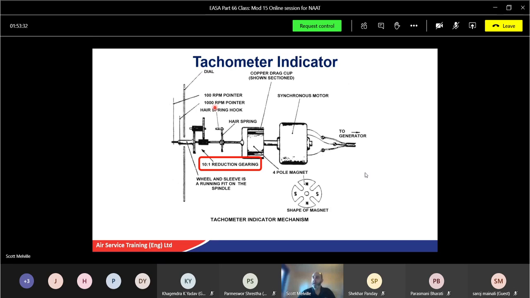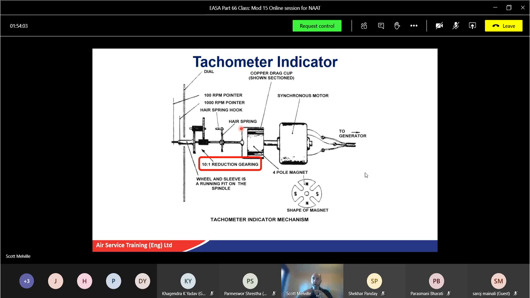Now the 4-pole magnet in there, you've got a drag cup. So basically, it's inducing a pulse, it's trying to drag this cup round with it. But because we've got a little spring there that resists that, the faster that goes, the faster that will try and move the cup. And the cup is obviously geared to the tension on the spring. The magnet doesn't touch this cup at all, it's rotating in it, but it tries to pull the cup round.